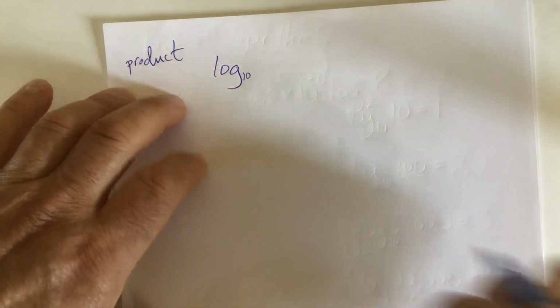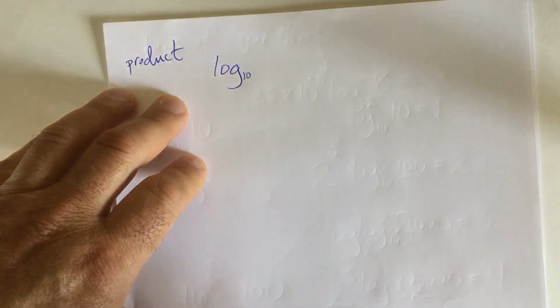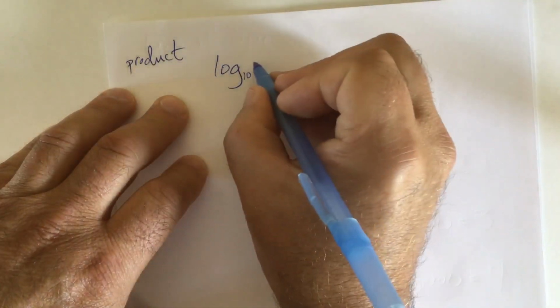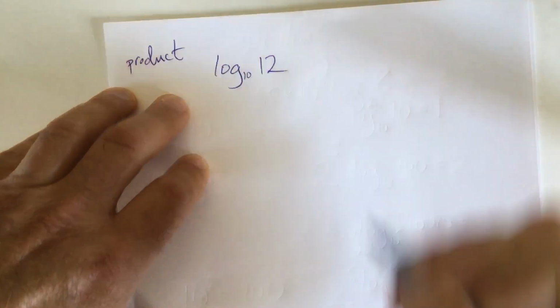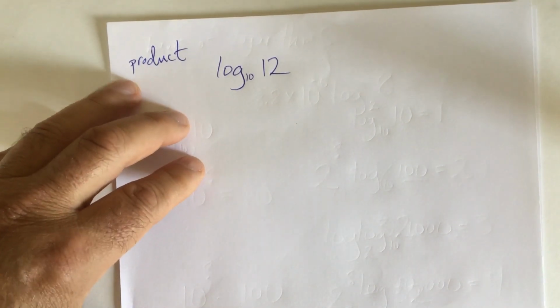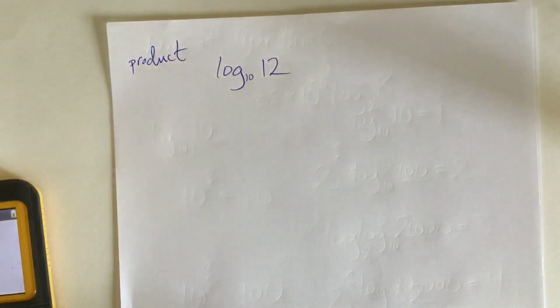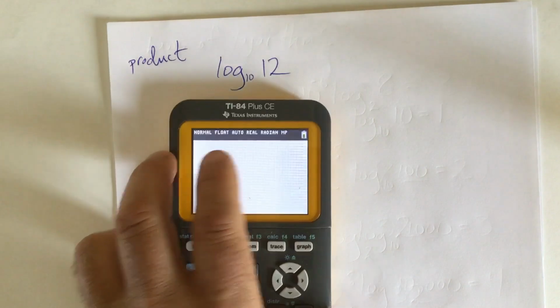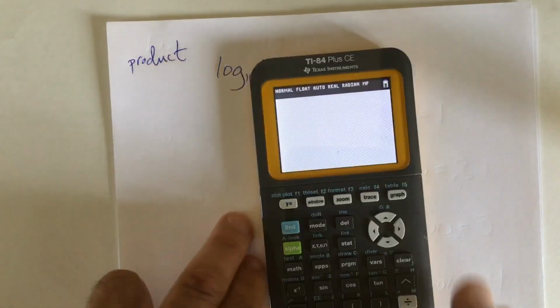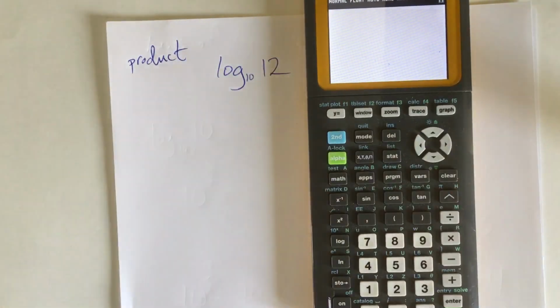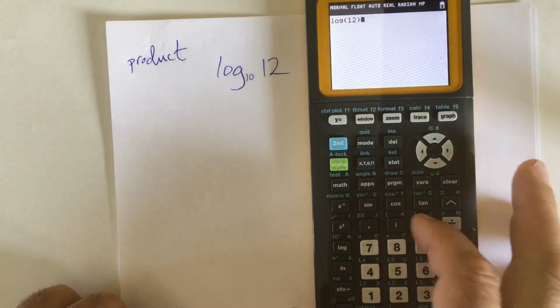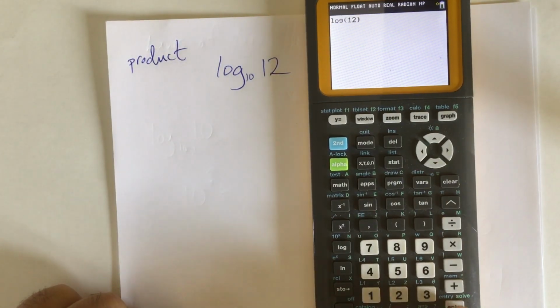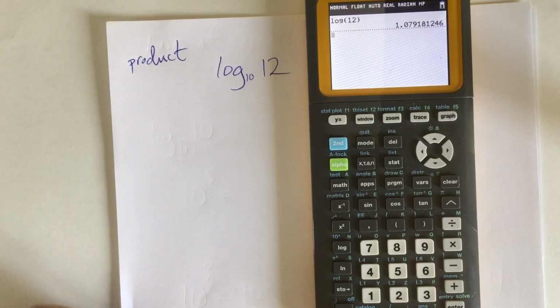But if I wanted to do, let's say, the log base 10 of, let's try 12. Now, the log base 10 of 12 is a weird number. It's going to give me a super decimal. That's what I call them. So if I punch this in on my calculator and I say log of 12, it's base 10, I'm going to get this weirdo decimal. Okay, that's a fine answer.